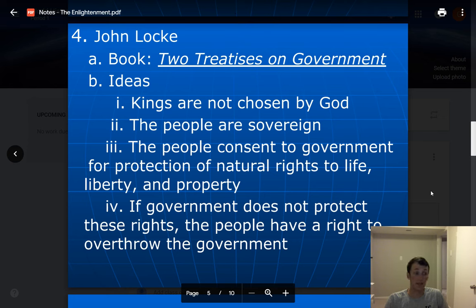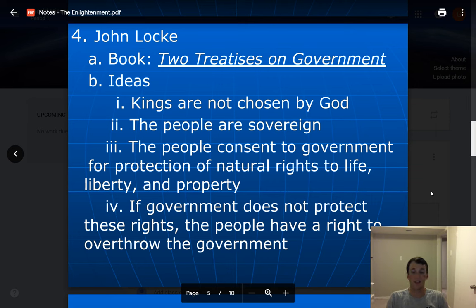And he basically feels that if government does not protect these rights on behalf of the people, people actually have the right to overthrow the government, to alter or abolish that government, and install a government that's going to be the most effective for their happiness.